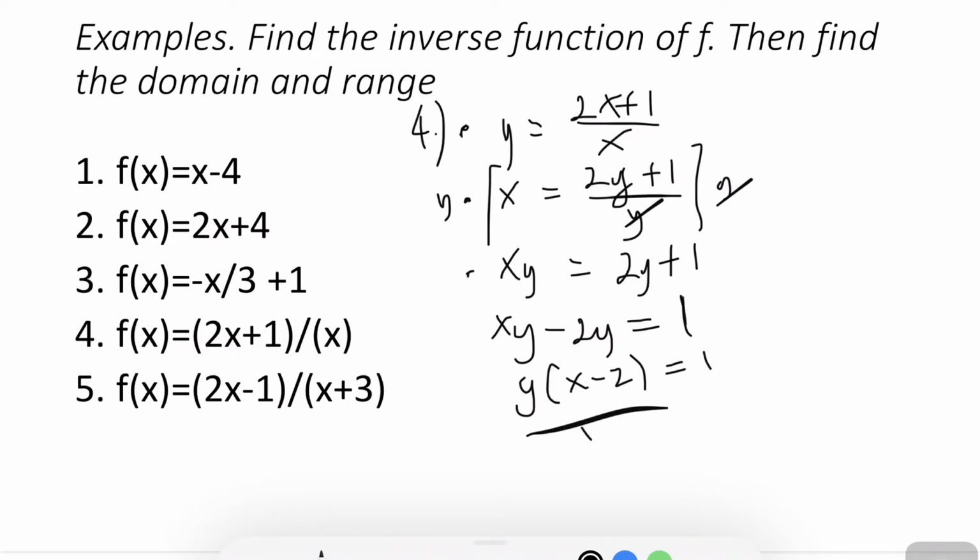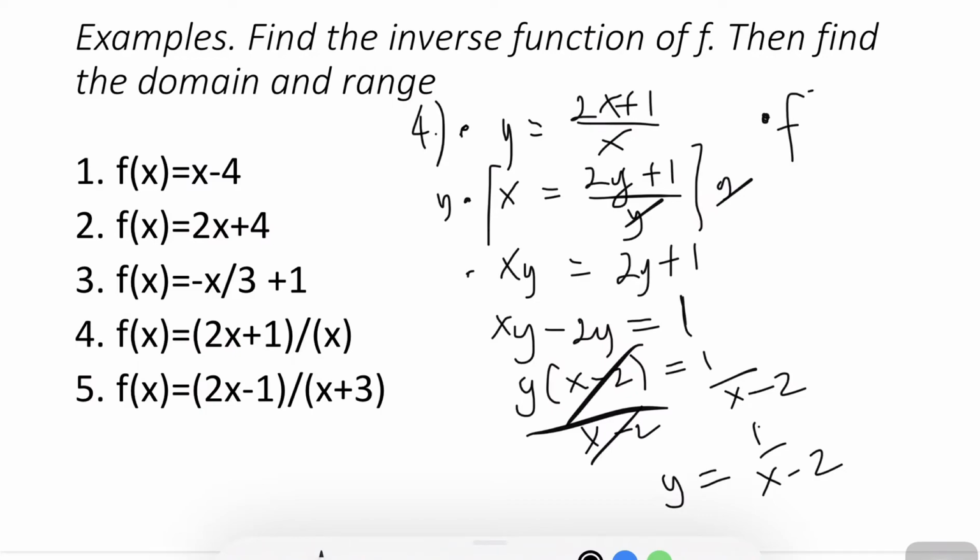Then divide both sides by x minus 2. So y is equal to 1 over x minus 2. So last step, change that one to f inverse of x. Then 1 over x minus 2.